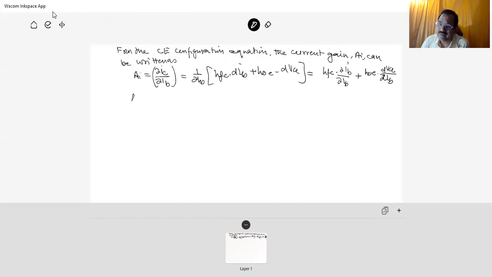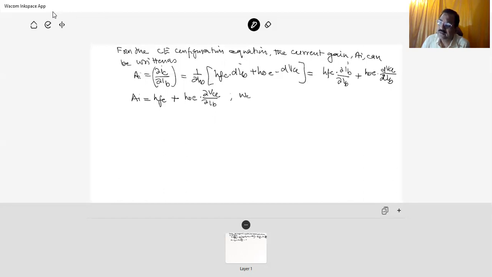So what we have, AI is equal to HFE plus HOE into delta VCE upon delta IB.